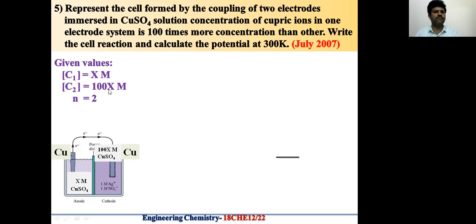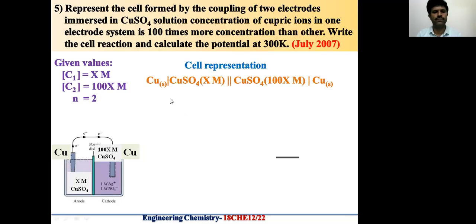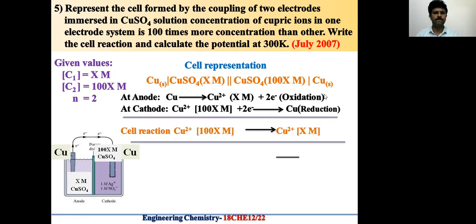So the higher concentration is always the cathode, that is C2, and the lower concentration is C1. The value of n is 2 because it is copper, the valence is 2, so 2 moles of electrons will be involved. The cell representation: copper metal immersed in copper sulfate solution of x molar, that is lower concentration. This is the anode, salt bridge, and copper sulfate solution of 100 times more concentration than the anode electrolyte, in contact with copper.